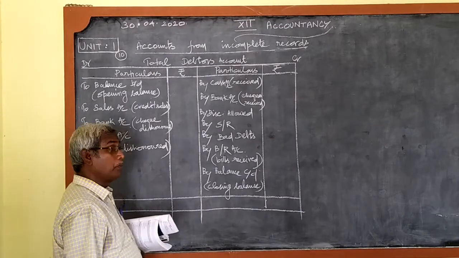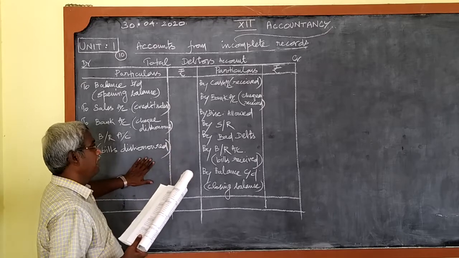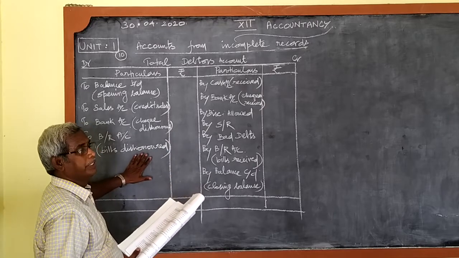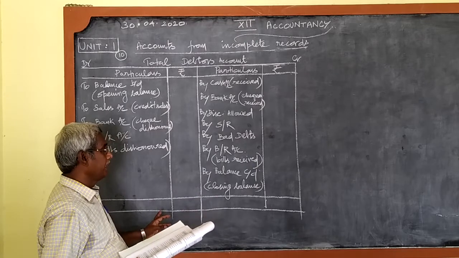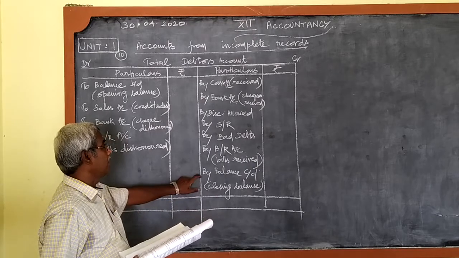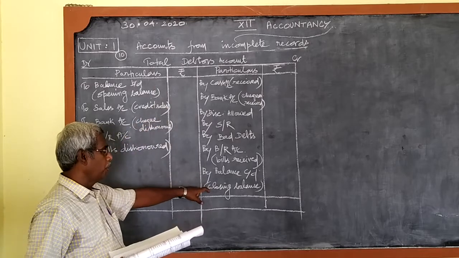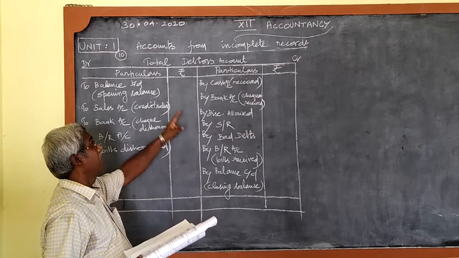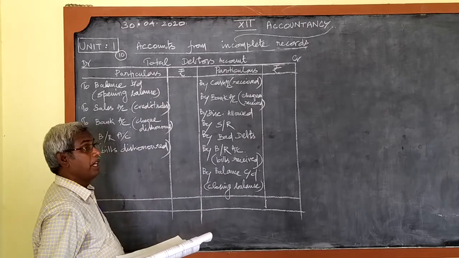And what are you supposed to find from this format? You may be asked to find the closing balance of the debtor. Since this is the debtors account, this closing balance means closing balance of the debtors. That one question may be asked.